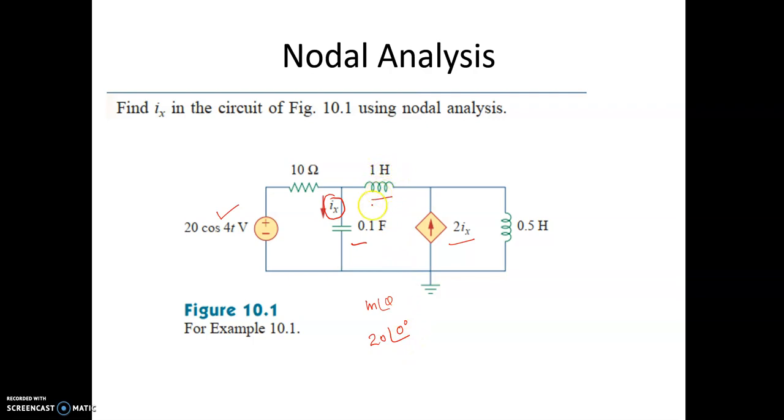Here the capacitance and inductance are given in farad and henry respectively. In order to convert time domain into frequency domain, actually phasor domain, for inductance we have to use j omega L. For capacitance, we have to use j omega C. Once you follow these things, we can convert all these elements: the source, two inductances and one capacitance.